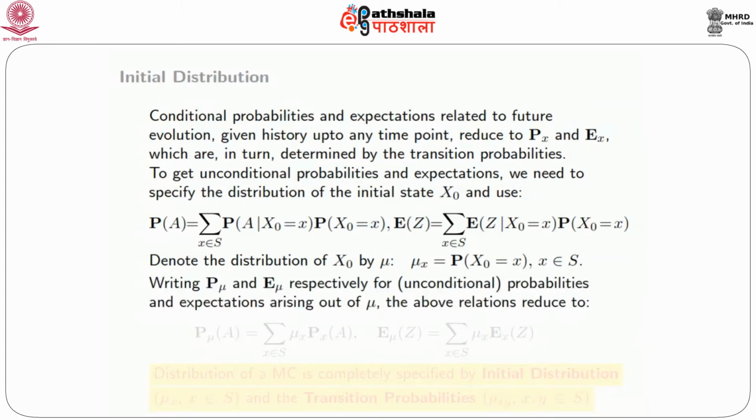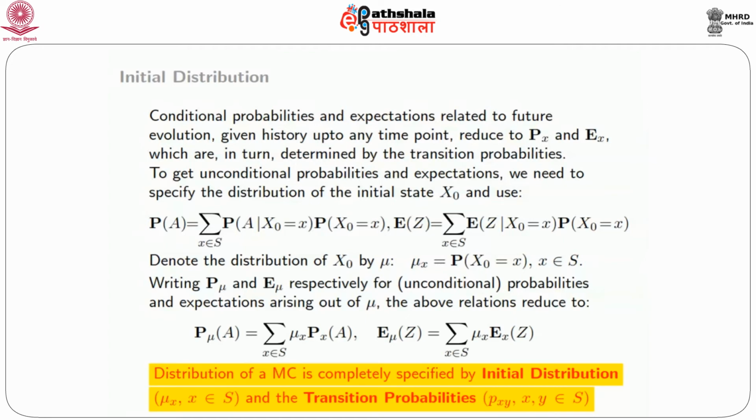And if you write p sub mu and e sub mu respectively for the unconditional probabilities and expectations arising out of mu, then the above relations reduce to these relations. So ultimately the upshot is that the distribution of the Markov chain is completely determined by the initial distribution and the transition probabilities.